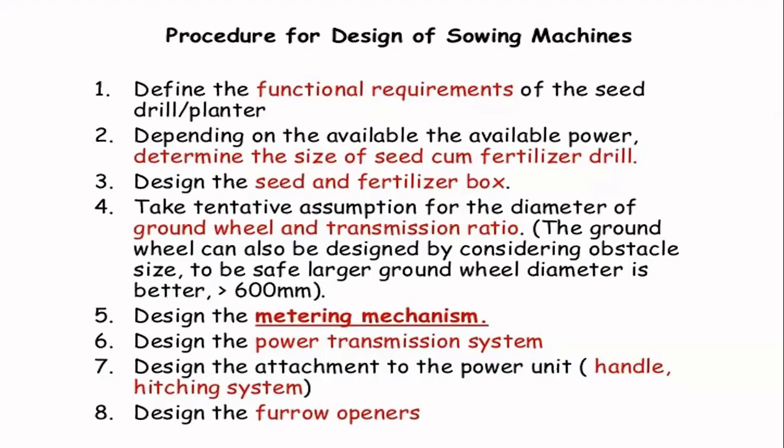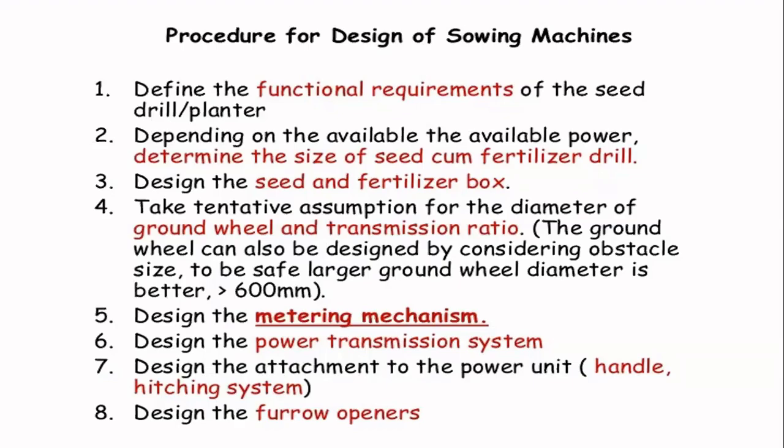So what is the sowing machine design procedure? Define the functional requirements of the seed drill plant. Determine the size of the seed fertilizer depending on the available power. Then design the seed and fertilizer box.